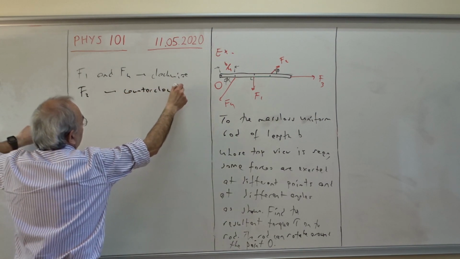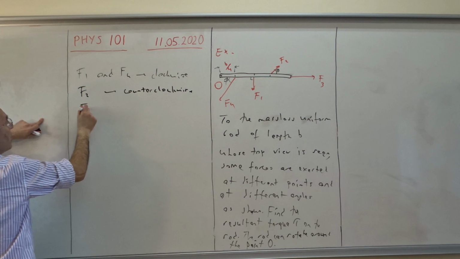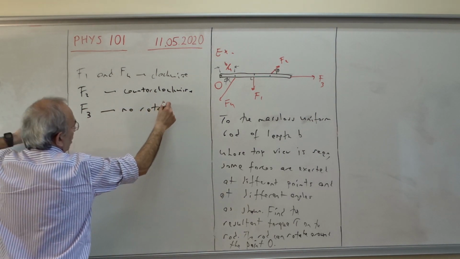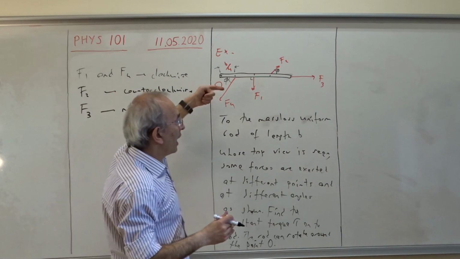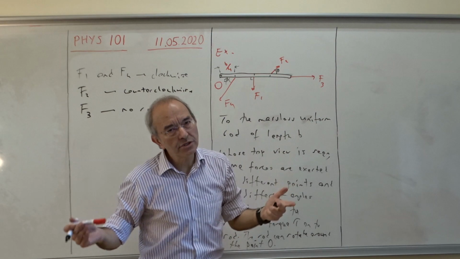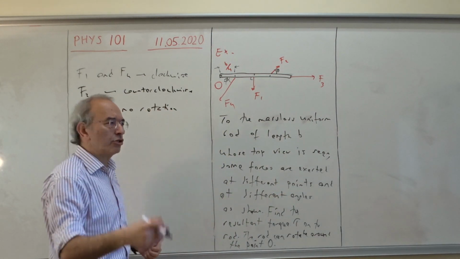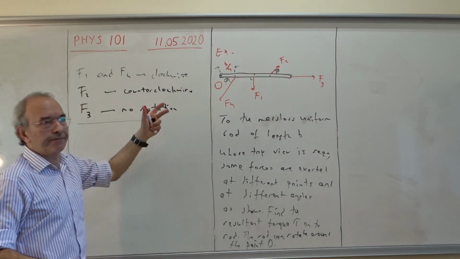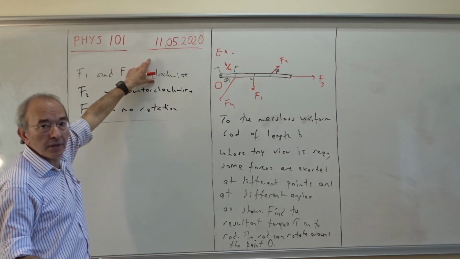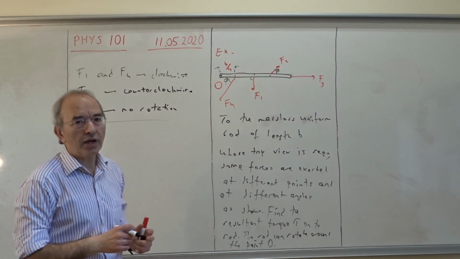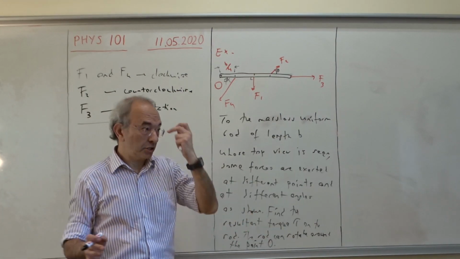And F3, no rotation, because the angle between R and F3 is just 0, and sine 0 is 0. Alright, so this is the grouping. Two of them in the same team, the other one is the opposite team, the opponent, and the fourth one will have no effect on rotation.